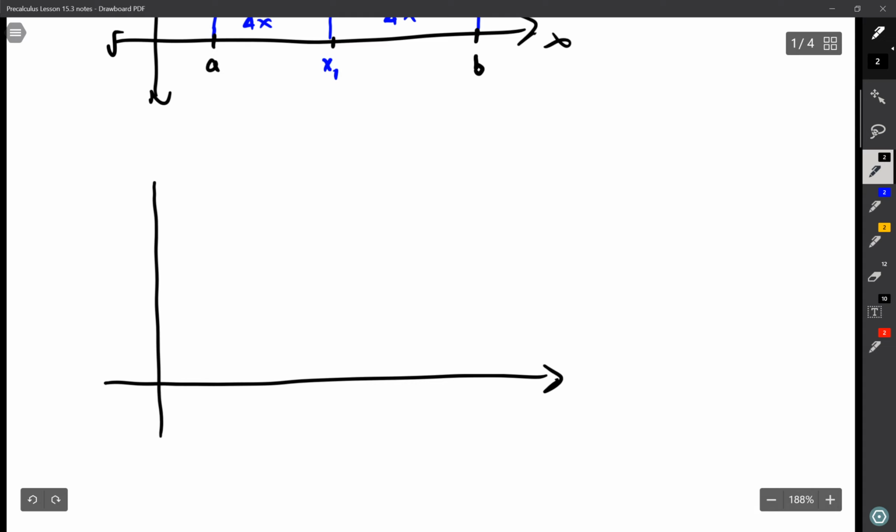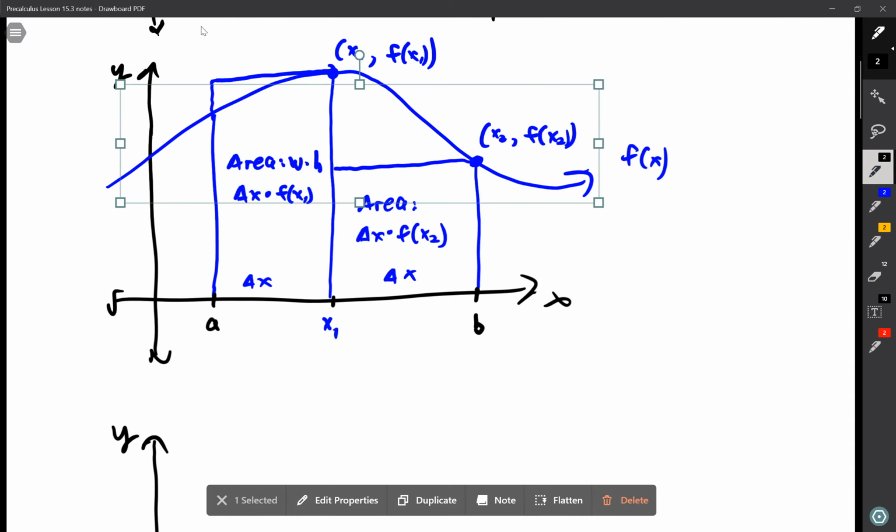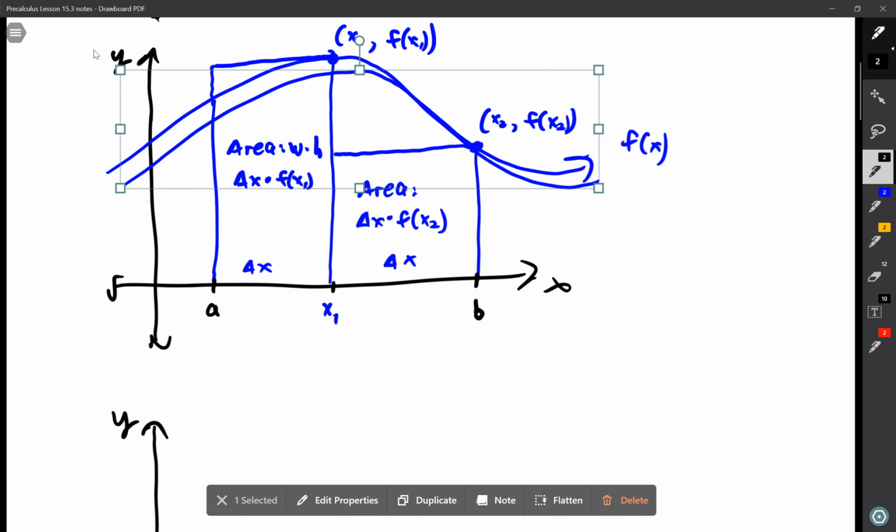I'm going to take the same setup. I'll try to get something approximately the same. I think I might be able to copy and paste here. Yeah, perfect. So let's bring this down.